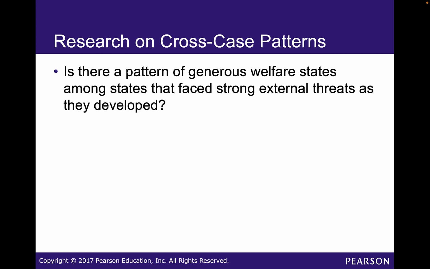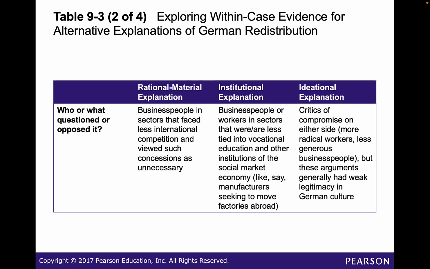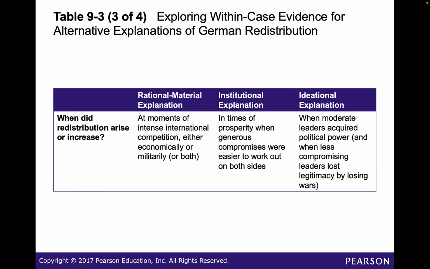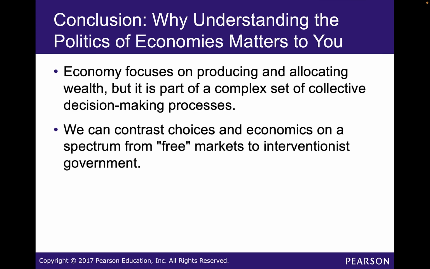Is there a pattern of generous welfare states among states that face strong external threats as they've developed? Ask yourself that question. And here's another chart, so go ahead and take a look at it and the different explanations.